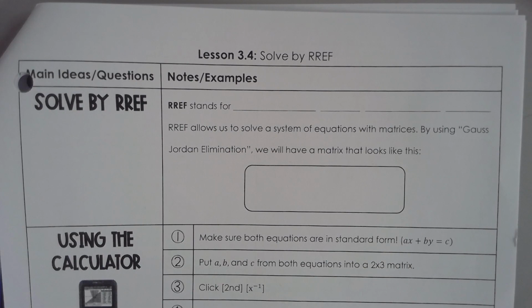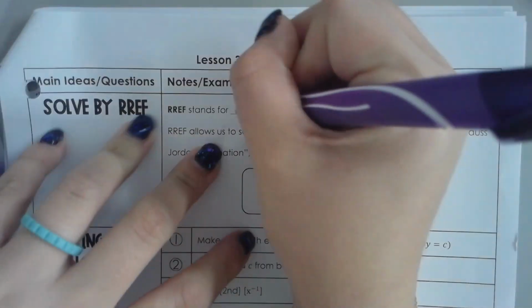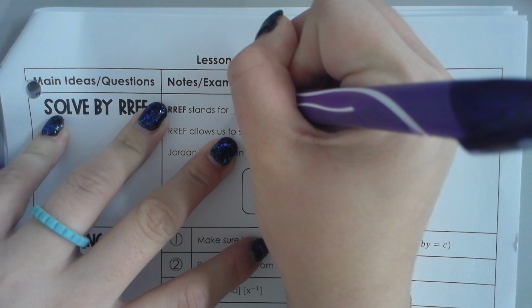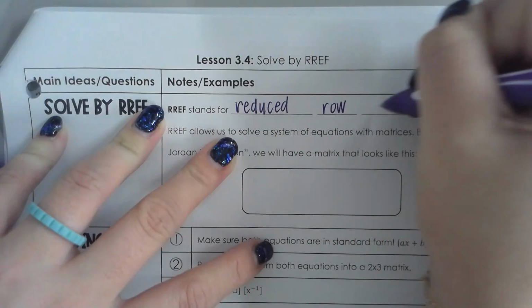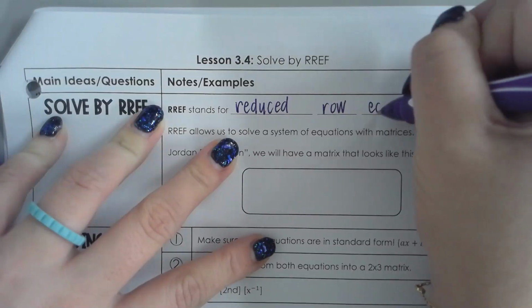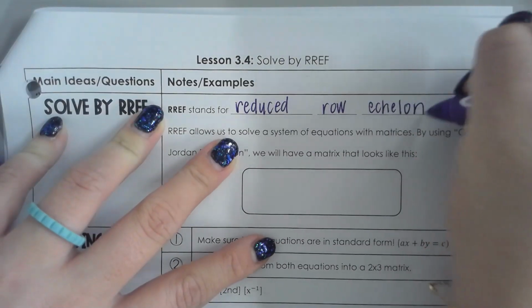Using a method called RREF. What that stands for is reduced row echelon form.